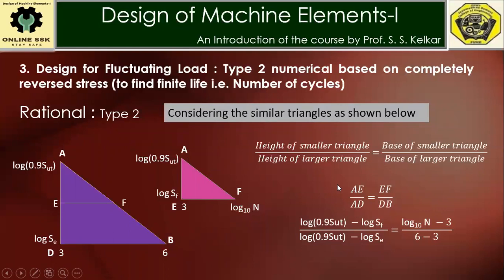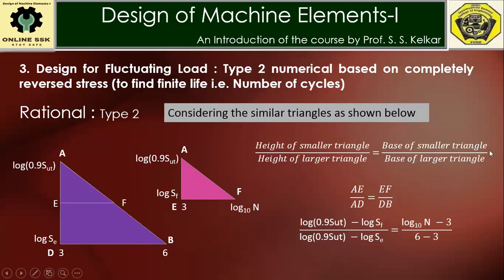The ratio of similar sides will be the same. That means height of smaller divided by height of larger will be similar to base of smaller divided by base of larger, and that will also be equal to hypotenuse of the smaller triangle divided by hypotenuse of the larger triangle.